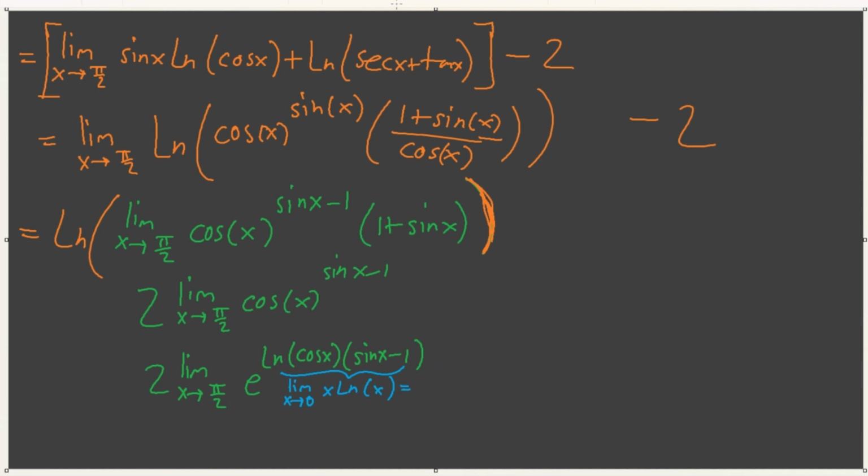And so because of that, we know that computing the limit of this on top, it's going to equal 0. So what this is going to give us is 2e to the power of 0, which equals 2. Now be mindful that what we have here is ln of 2.